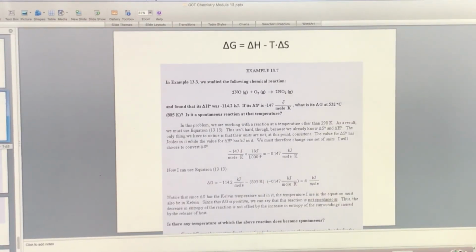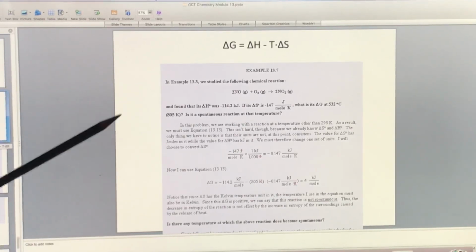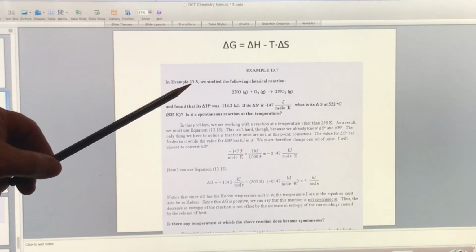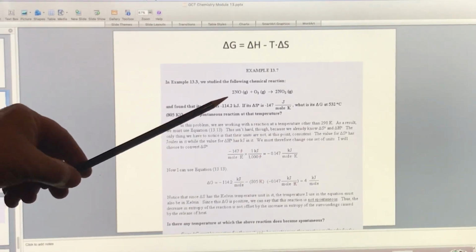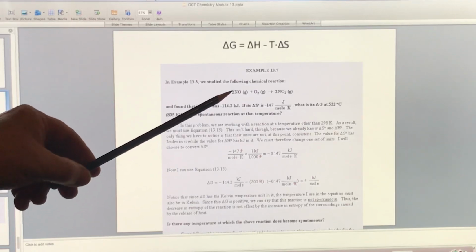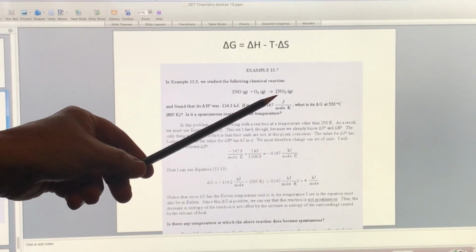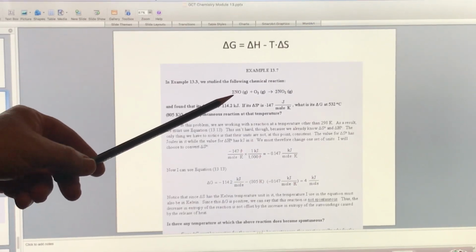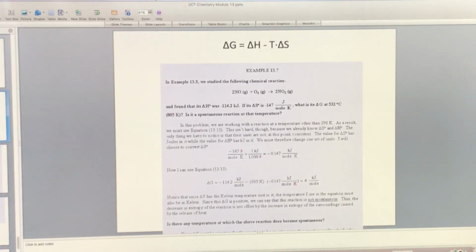All right, so let's look at example 13.7. And again, they're referring back to an older example here. It says, in example 13.3, we studied this reaction. It's the formation of nitrogen dioxide by combining nitrogen monoxide with oxygen gas.